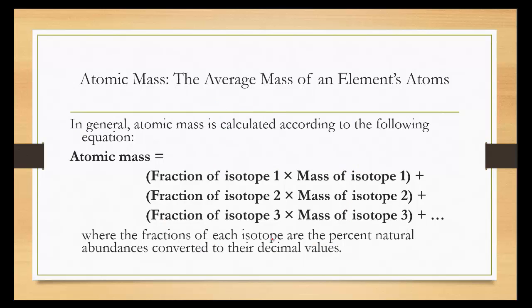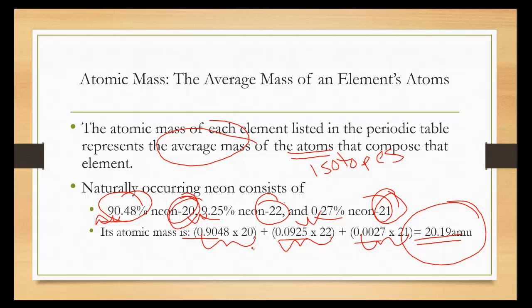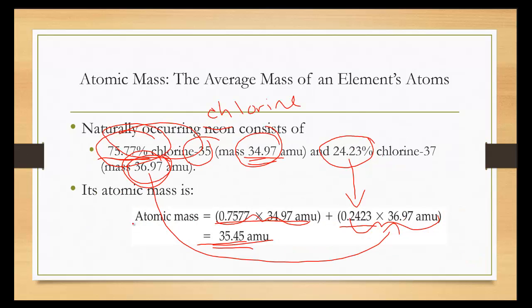Notice that since there's more of the chlorine 35, the number is closer to 35. Since the most abundant isotope is closest to that number, the final answer is going to be closest to it. And that's what we're trying to do with the natural abundance.